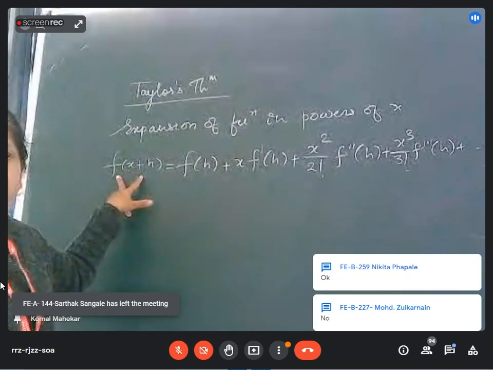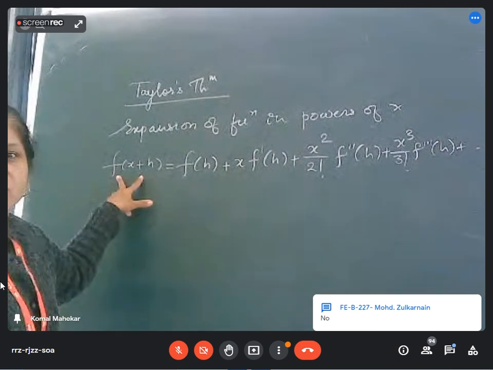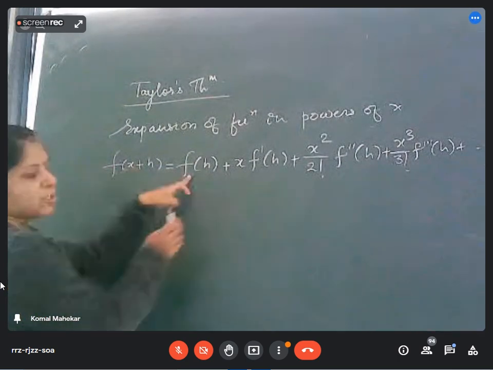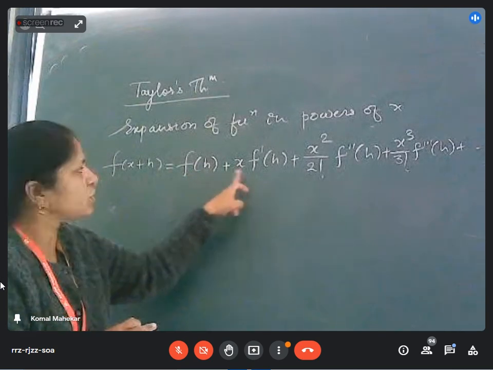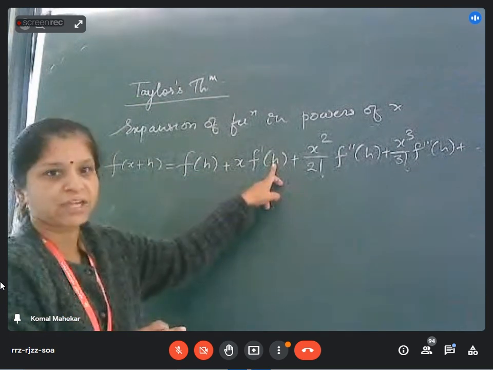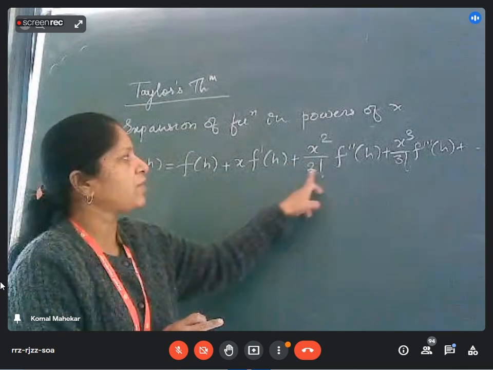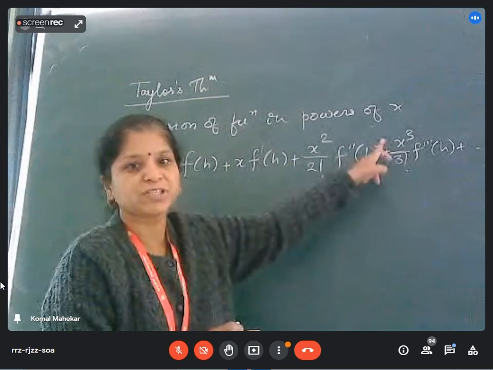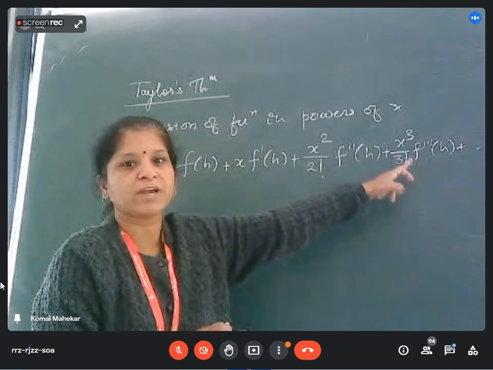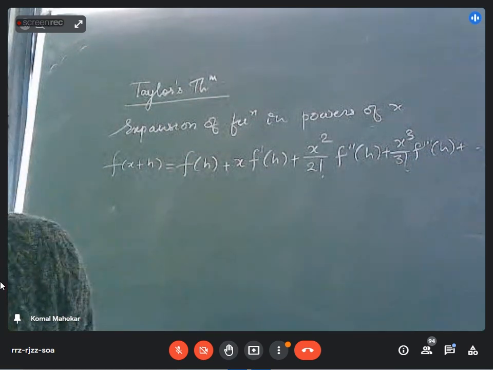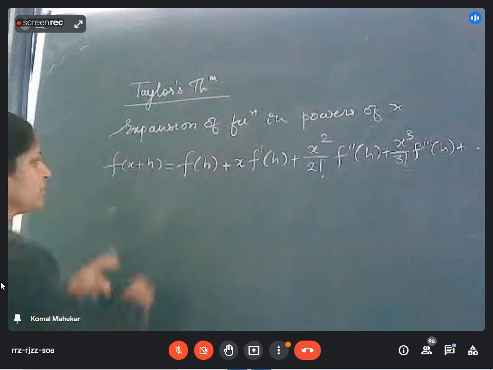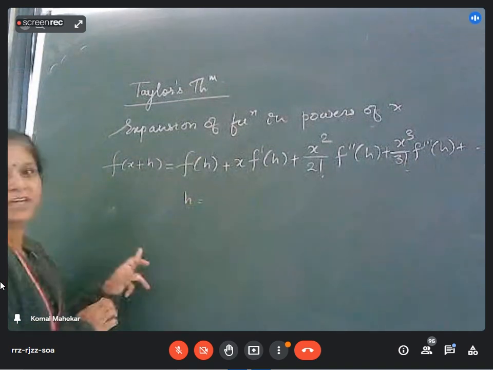So here the function f of x plus h, the expansion is, remember this expansion, first term is f of h plus x into f dash of h plus x square by 2 factorial f double dash of h plus x cube by 3 factorial f triple dash of h and so on. Now what we have to do is identify the h value.